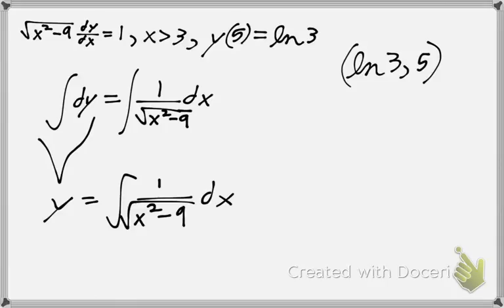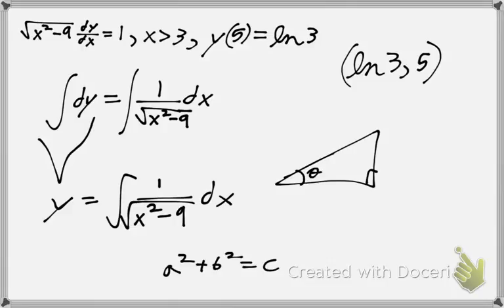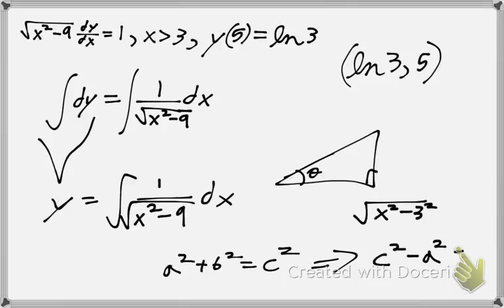Now, we're going to have to do some trig substitution. For the x squared minus 9, we can find the trigonometric values by using the Pythagorean theorem, which is a squared plus b squared equals c squared. Right now we have x squared minus 9, where 9 is 3 squared, so that looks like c squared minus a squared, which is equal to b squared.